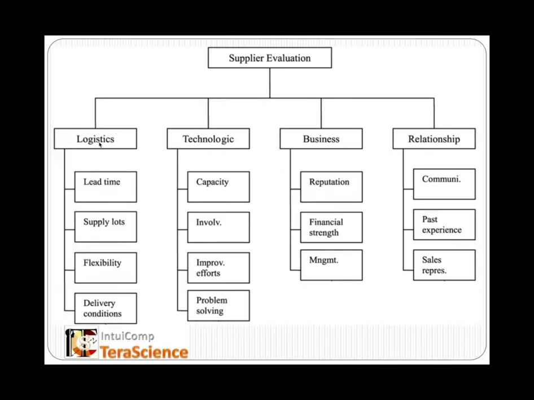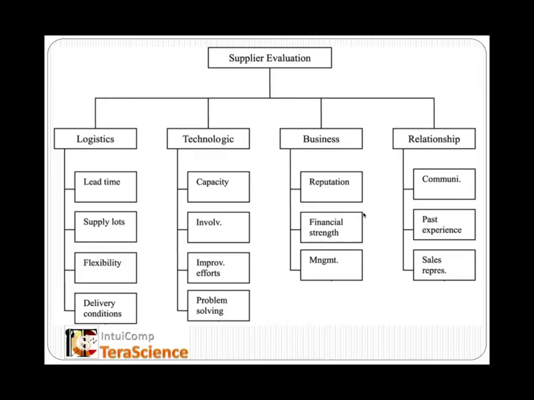He can supply logistics, he can supply technology, he can be a business supplier, or he can be a normal relationship supplier. If he is supplying logistics, then these are the different characteristics or features which will be pertaining to a logistics supplier. Similarly, a technological supplier will be pertaining to these different features, and so on and so forth. So this breakdown is very important. This hierarchical breakdown is very important when we want to solve the problem using AHP.